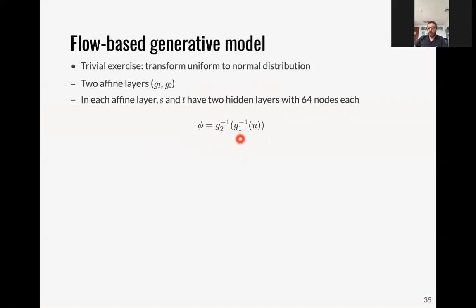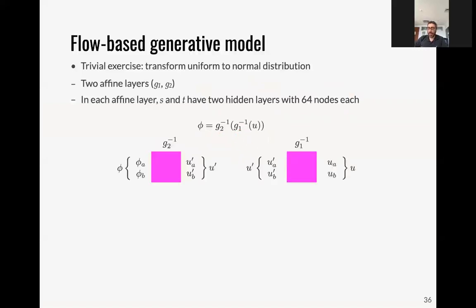So I define my functions G1 inverse and G2 inverse, and this is what it looks like. U there, which is the vector of uniform random numbers that I've drawn, is split into two: the first half of the random numbers and the second half. Then G1 inverse is applied to this vector, which gives me another vector.